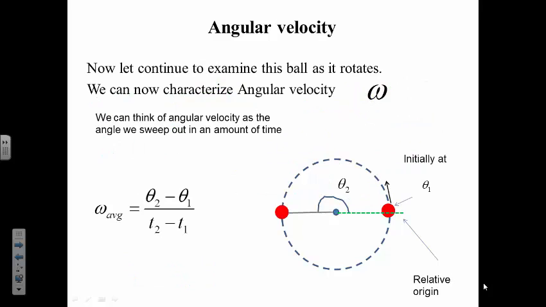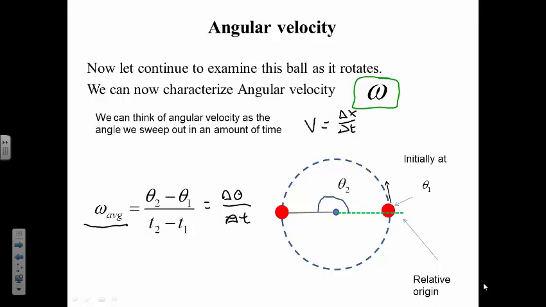All right. Now, when we want to talk about the rate at which we change our angular position, we need to introduce something called angular velocity. Angular velocity gets the Greek symbol omega. Just like linear velocity was delta x over delta t, omega is delta theta over delta t.